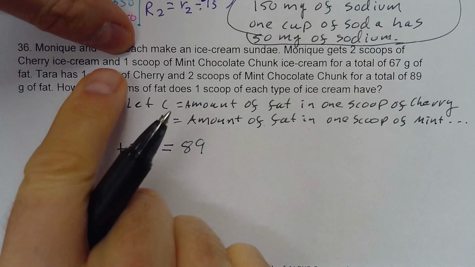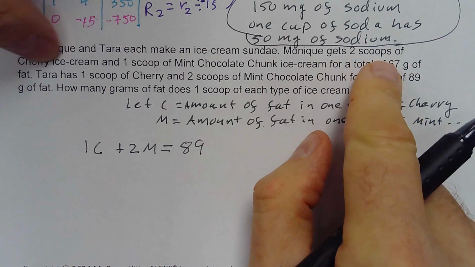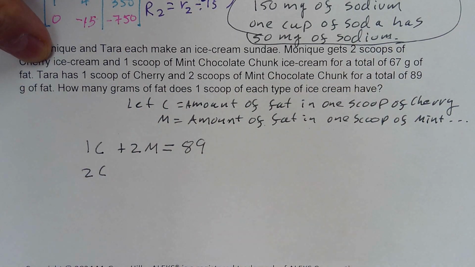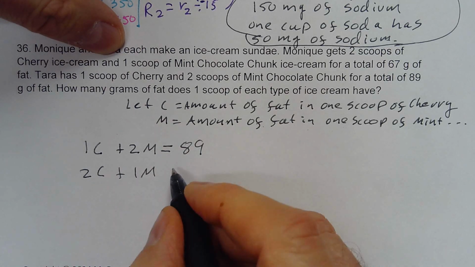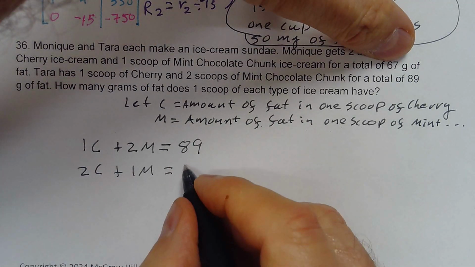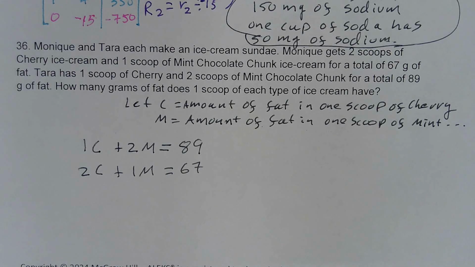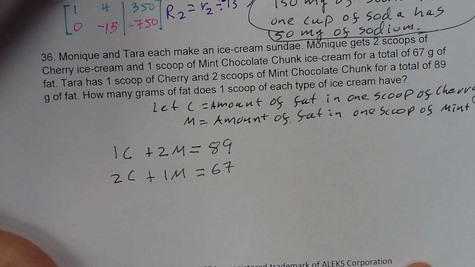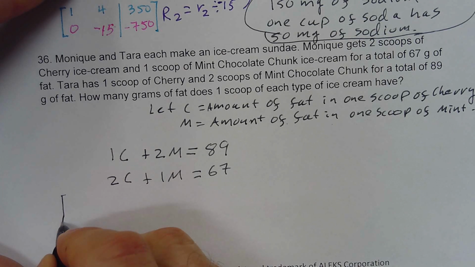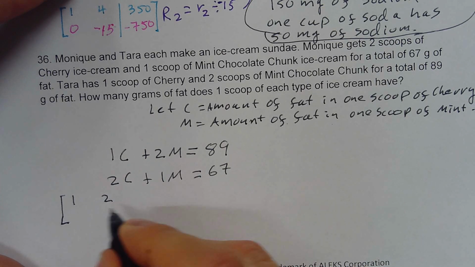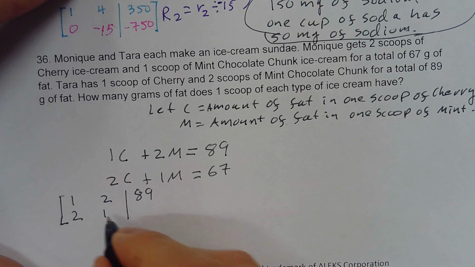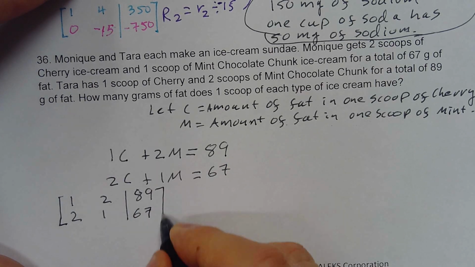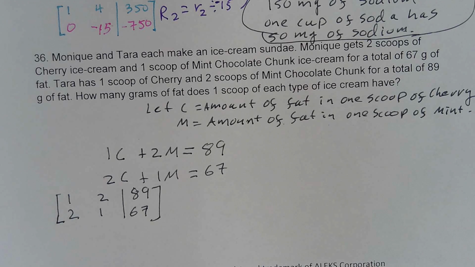Now I'm going to write my other equation here. 2 scoops of cherry plus 1 scoop of mint chocolate chunk. That's going to be equal to 67. Okay, now we're off to the races. I'm going to go ahead and write my matrix. And I already have 1 in the upper left corner.